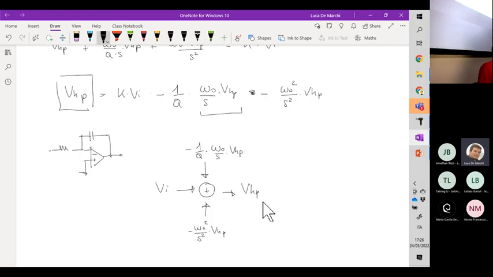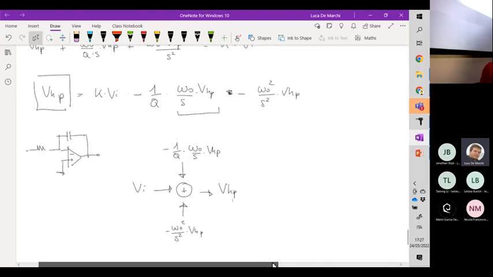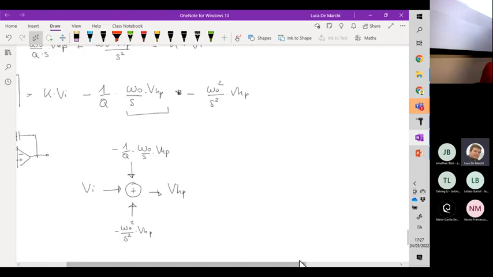Basically, here you implement a feedback loop in which VHP is passed through an integrator, and a second feedback loop in which VHP is passed through a double integrator. So the idea is that the circuit can be modified in the following way.